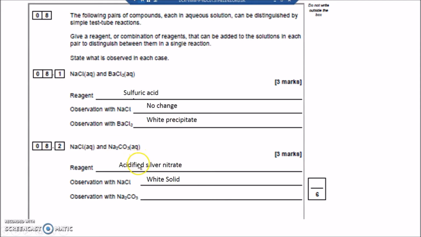With acidified silver nitrate, normally you get silver carbonate, but if you acidify it, it will dissolve the silver carbonate, and it'll react with some of the sodium carbonate and make bubbles. The other alternative, of course, is to add any named acid like hydrochloric acid or sulfuric acid. It's going to have no change with sodium chloride, but with a carbonate it will make bubbles. So either of those 2 solutions will get you the marks.